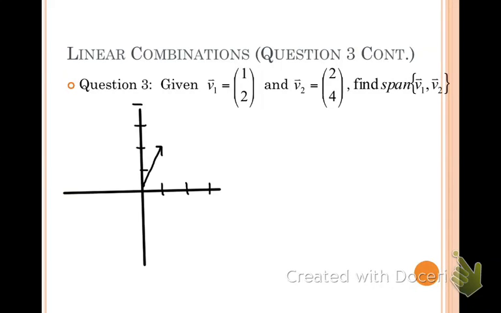So let's think for a moment geometrically about why we obtained the solution that we just got. So here is vector v1 in the plane. If we draw v2, notice that v2, which is (2, 4), is just twice the vector v1. So here's the vector v2.